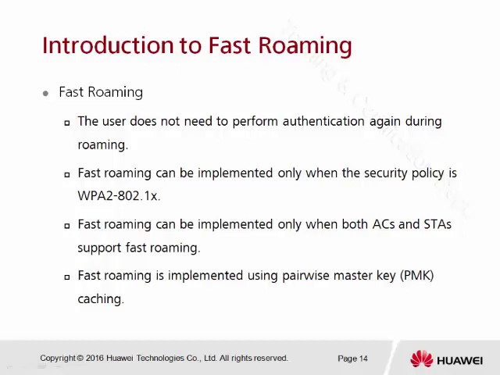Okay, this also applies to normal roaming, but instead the fast roaming here can be implemented only when the security policy is WPA2 and you are using 802.1x for the authentication. Fast roaming cannot be achieved in the normal authentication mode, only in 802.1x, and also the encryption type must be WPA2.